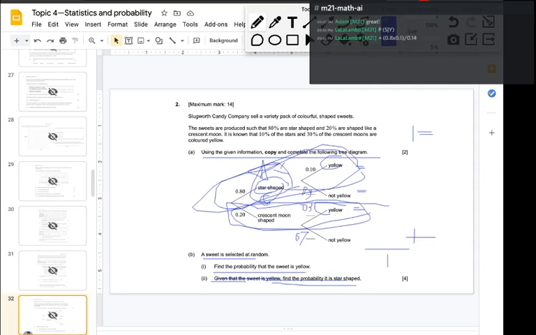The properly written way is that the lower part would be the probability that the sweet is yellow, and the upper part is the probability when it is star-shaped and when it's yellow. Oh, okay, she got it. 0.571.